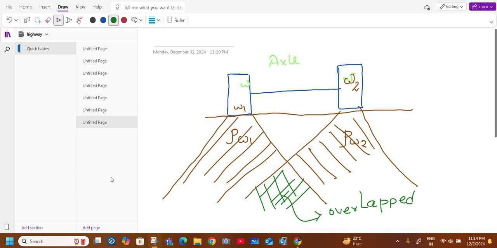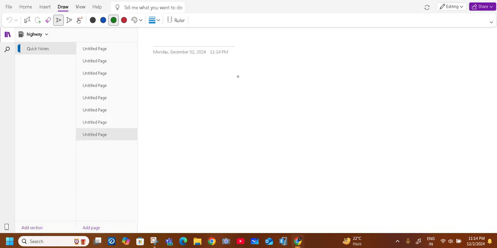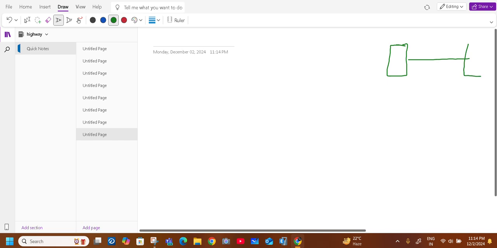So to calculate this part, let us again draw the single axle, and the load is distributed in a 45-degree way.